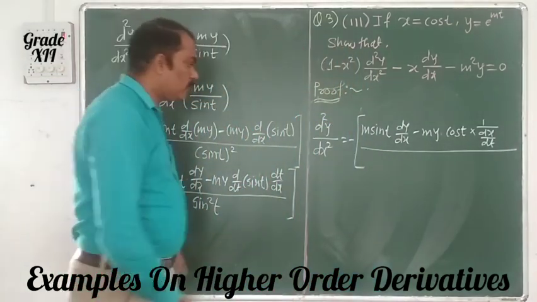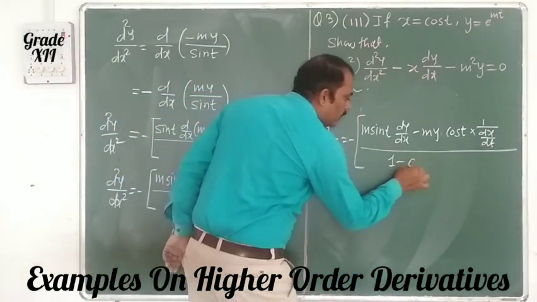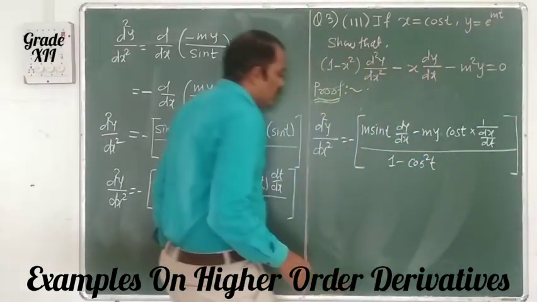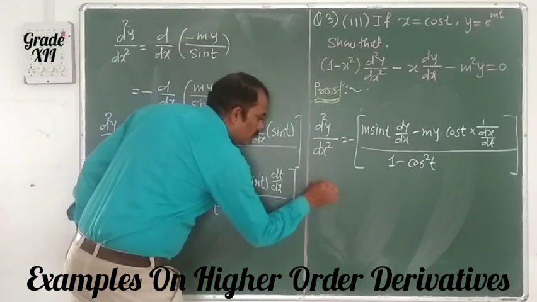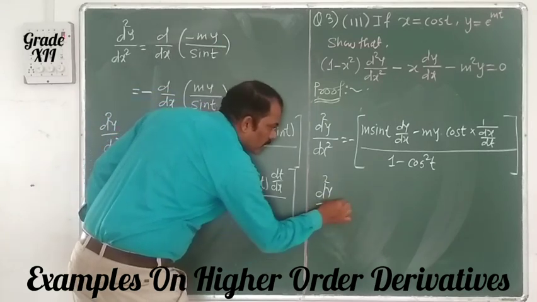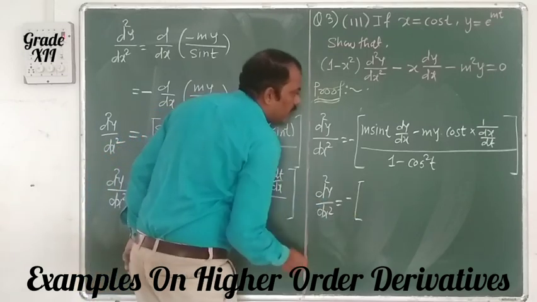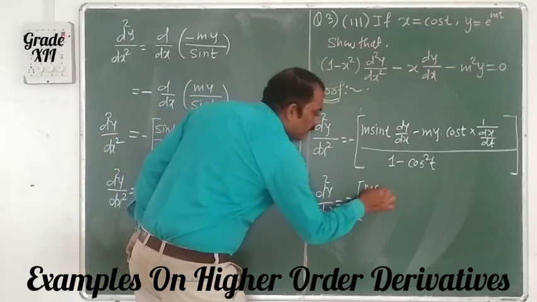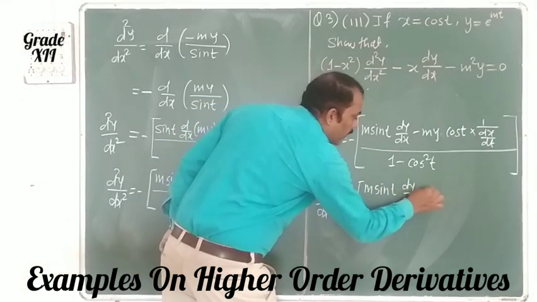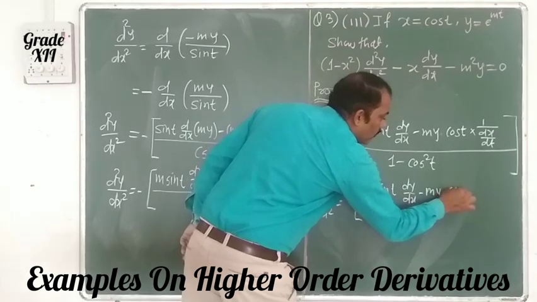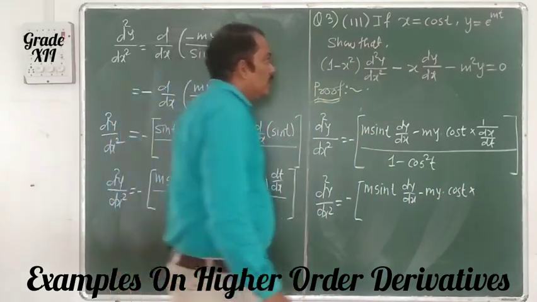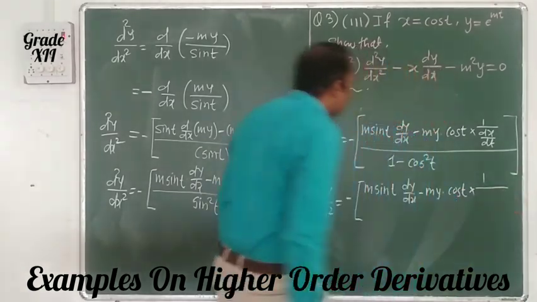Sin square t is nothing but 1 minus cos square t, so that we get d2y by dx square is equal to minus into bracket, m sin t into dy by dx minus m y into cos t into 1 upon dx by dt.